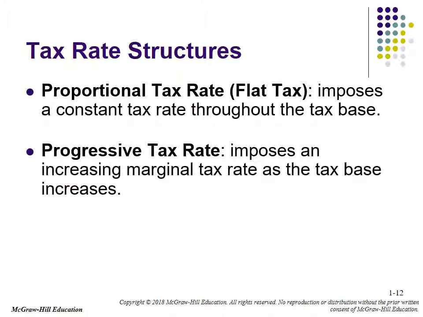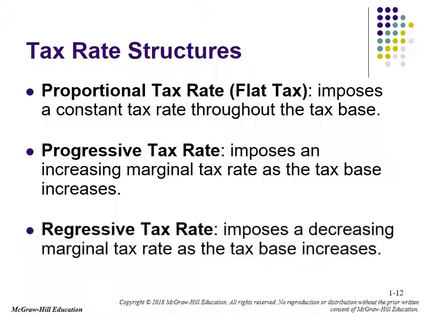Progressive is what we just experienced with the federal government. It imposes an increasing marginal tax rate as the tax base increases. And you just experienced that. As the taxable income increased, that tax rate went up as well. We also have what's called regressive tax rate. It actually imposes a decreasing marginal tax rate as the tax base increases.